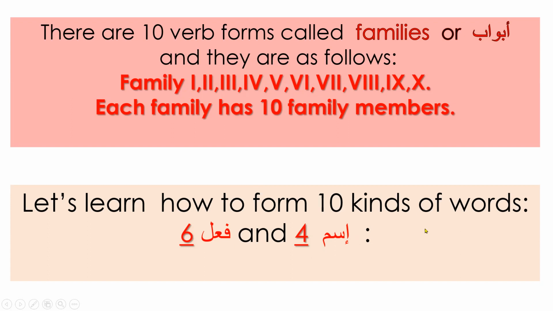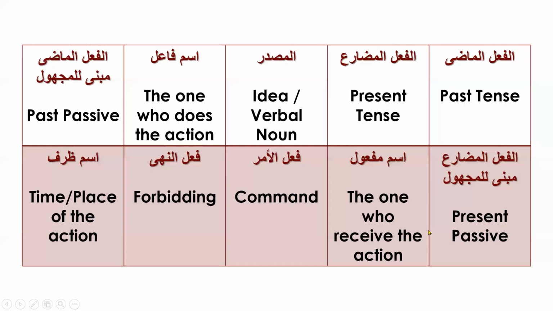So let's see what those are. See here, these are all the 10 family members that each family will contain, and we are going to learn each and every member separately in detail, inshallah. But first, we will have a review for our families. Let's see what they are.